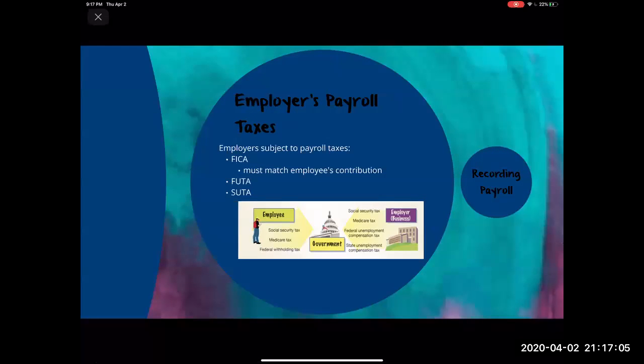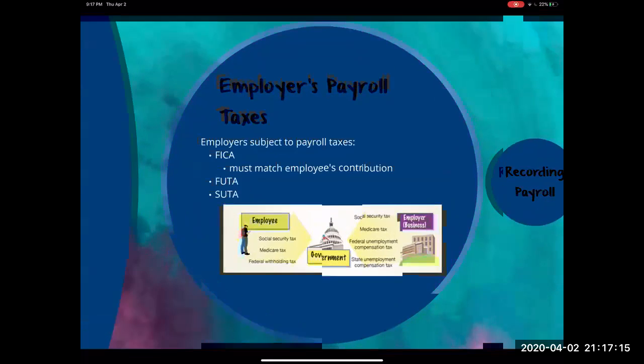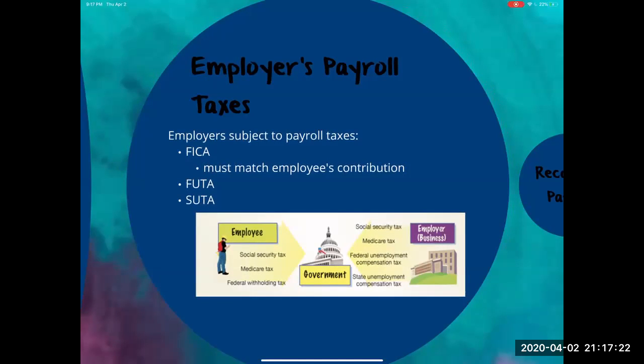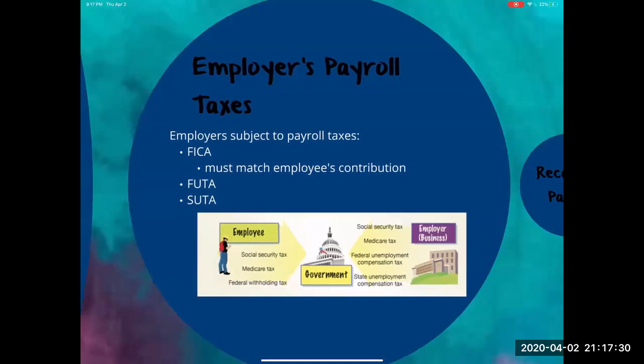So this picture, which I took from your textbook, is a very good example of who's responsible for what. As an employee, we are responsible for Social Security tax and Medicare tax, which is FICA. We also are responsible for federal and state income taxes, right? So we have the government, but you can also add in the state of California if you're here.